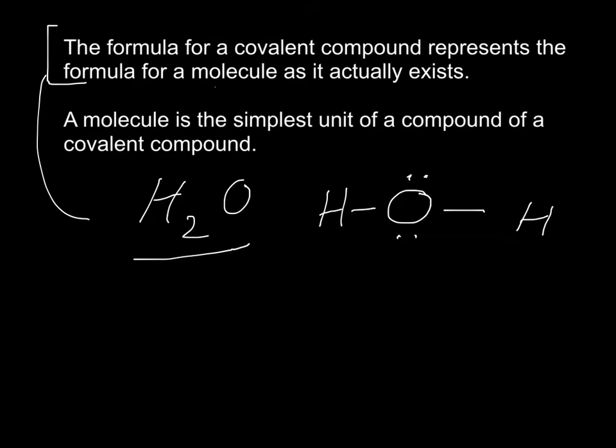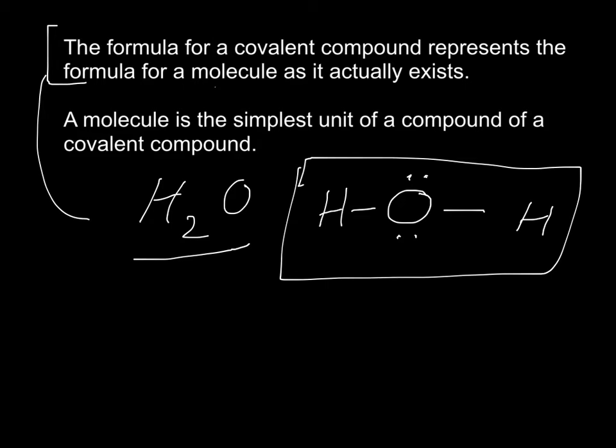When you drink a glass of water, you're drinking a collection of little molecules, and each one consists of one oxygen atom connected to two hydrogen atoms. That's how water actually exists.